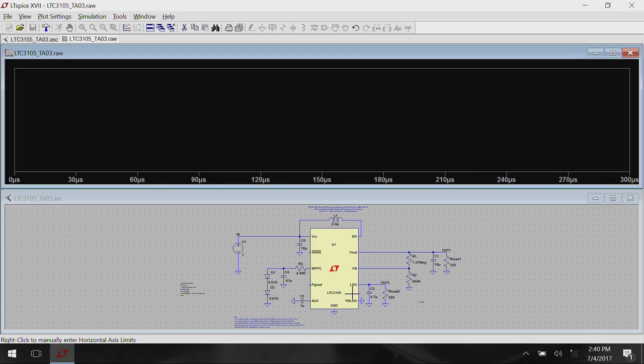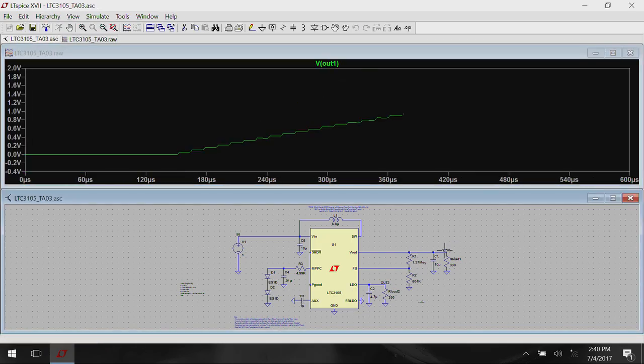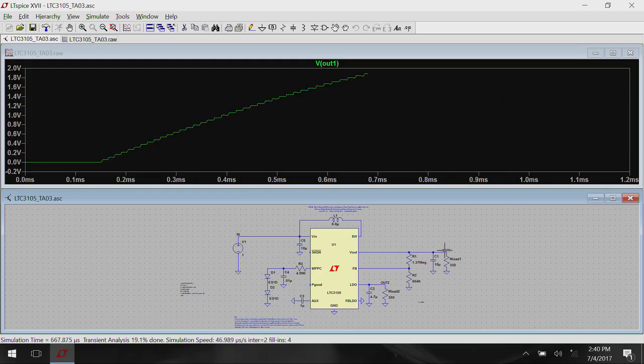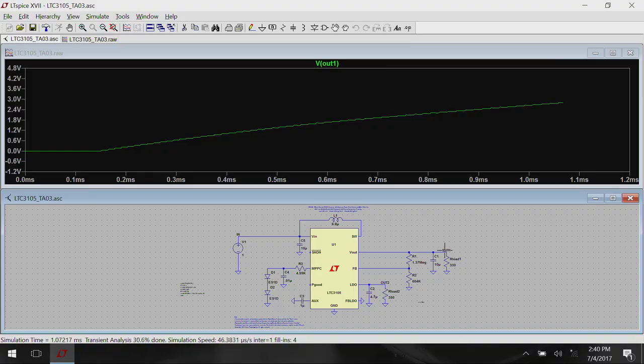Okay, first is to try the output. Let us see what happens at the output. Slowly building to, it should build to 3.3. Yes, it does.